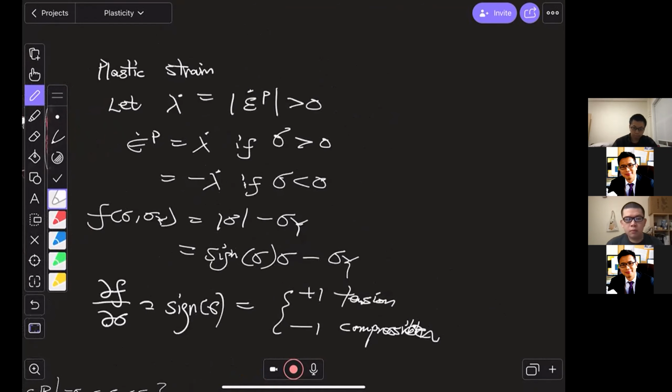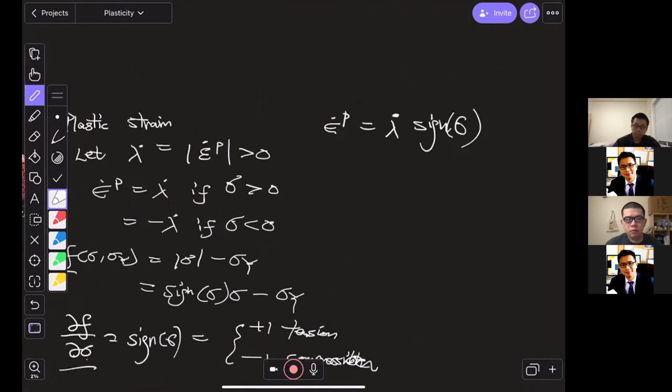So what does that mean? Why do I need to bother with this? What it means is that the gradient of the yield surface with respect to stress gives you the mode of how the plastic strain is accumulated, because the total plastic strain increment equals the magnitude of the strain increment times the mode of the plastic strain that is accumulated.